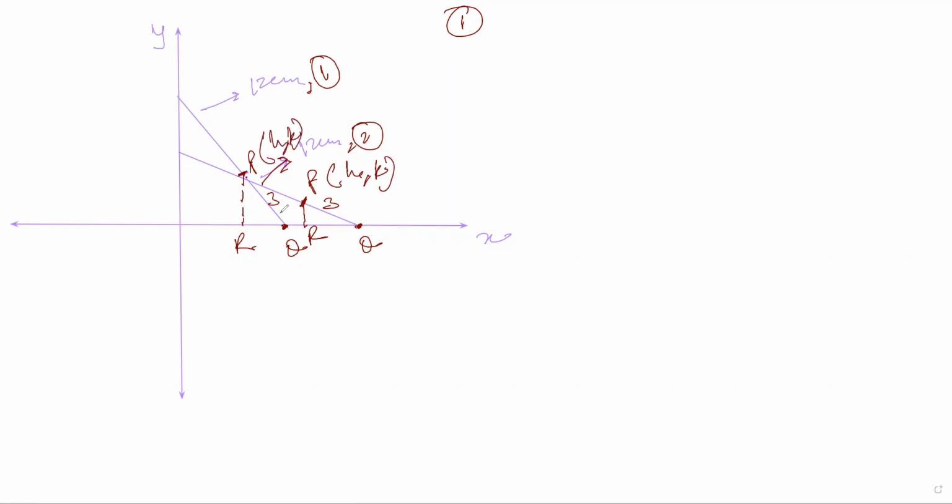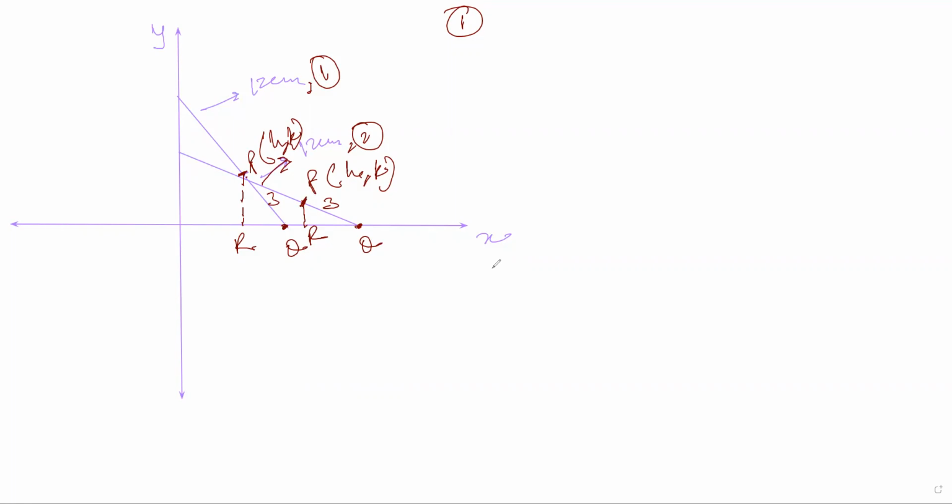Sir, I didn't understand what locus means. Locus of a point is, let's say, here we have been given an experiment. In this case, this stick is moving, and it moves such that the length of the stick is given as 12, and every time the stick moves, both of these end points are on the axes. So we can move this stick in many scenarios, right?